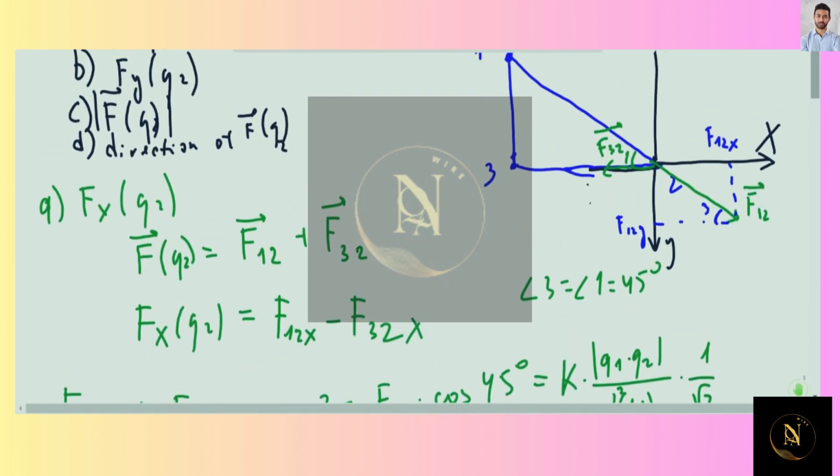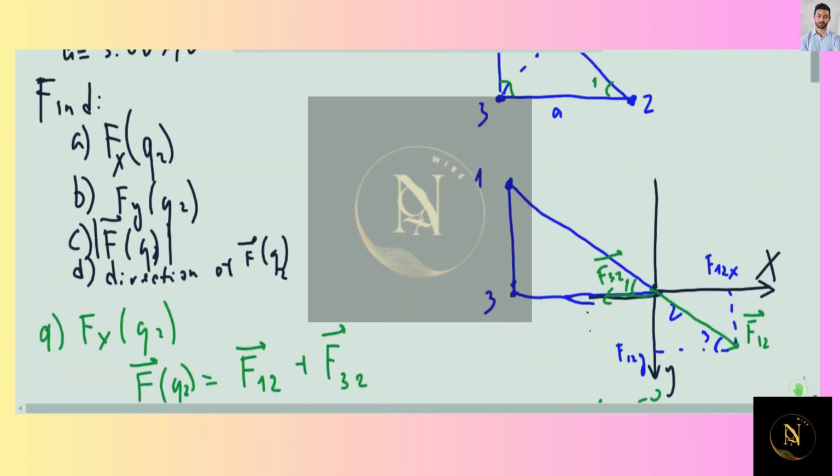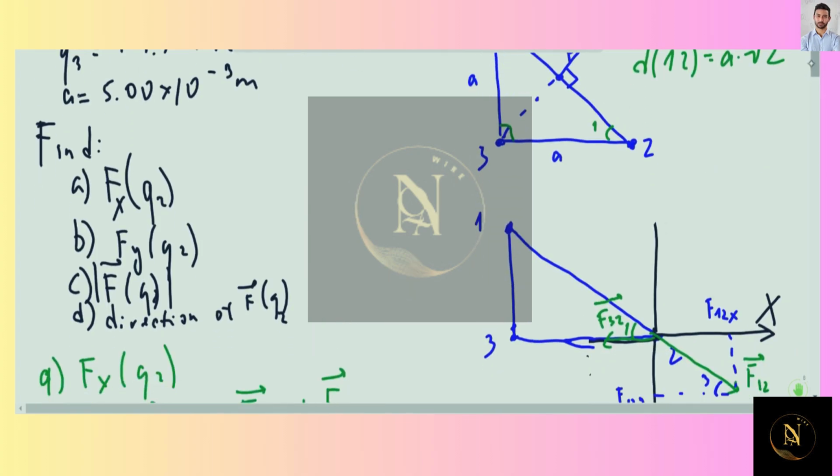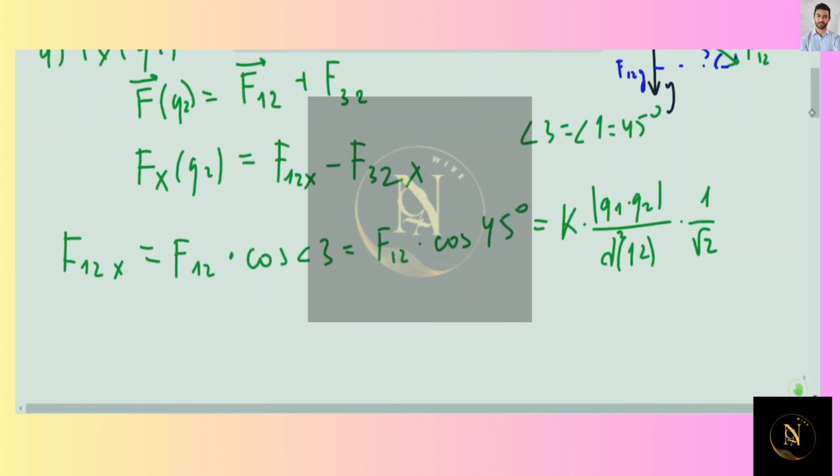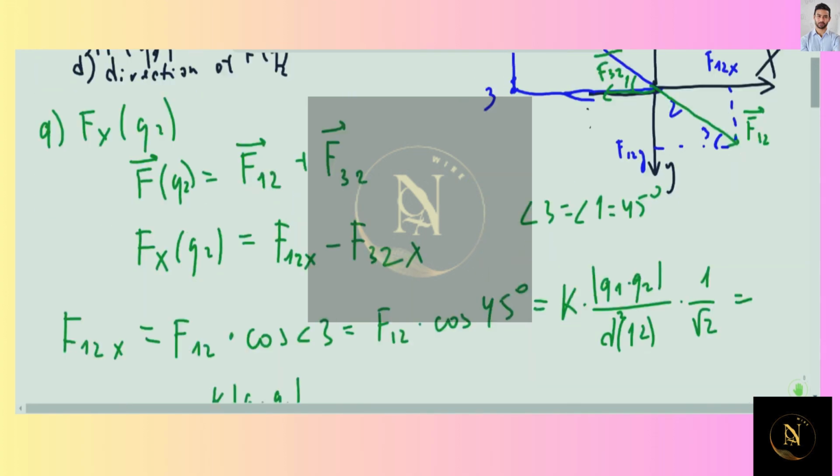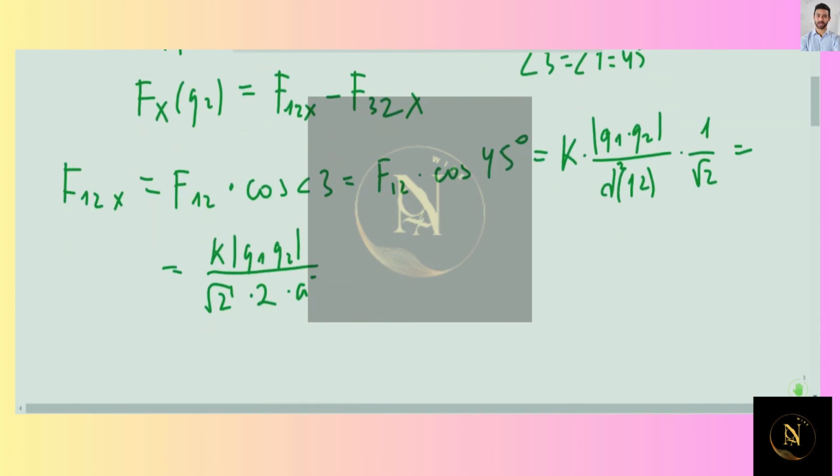So the distance between points 1 and 2 is a multiplied by square root of 2. So therefore this becomes K multiplied by absolute Q1, Q2 divided by square root of 2 multiplied by 2 multiplied by a squared.